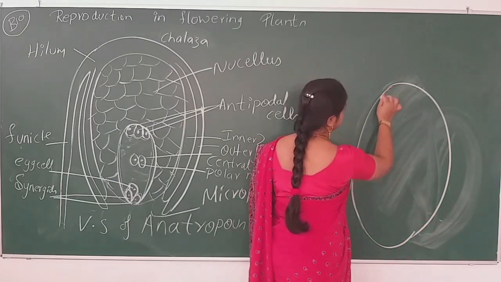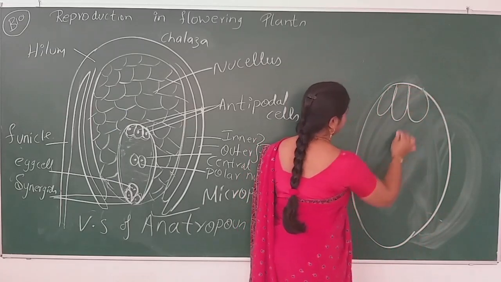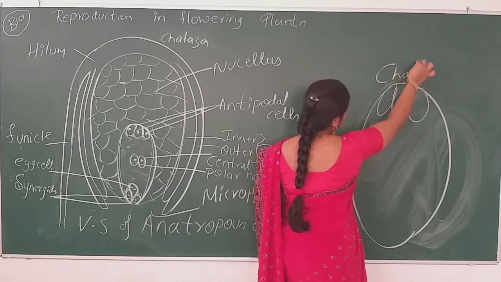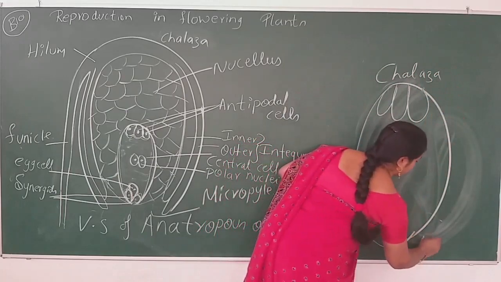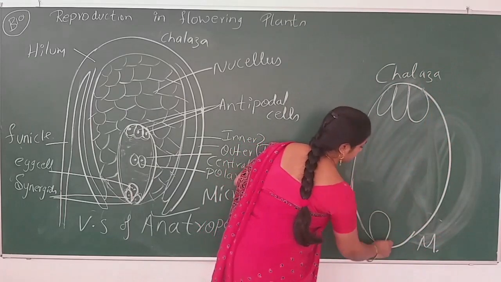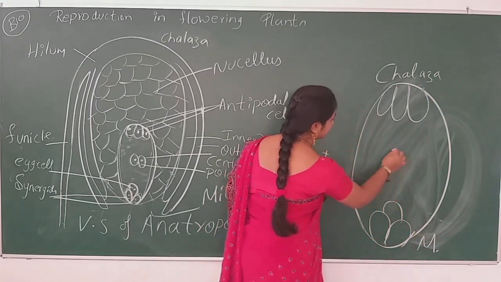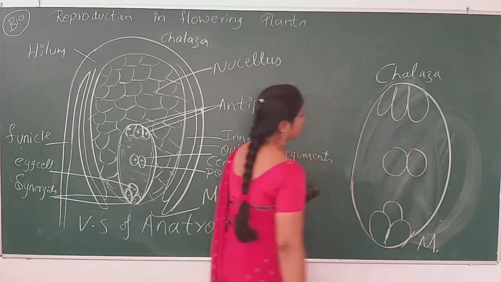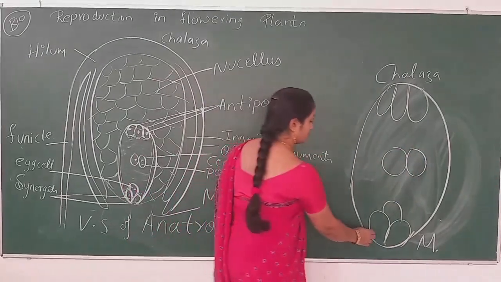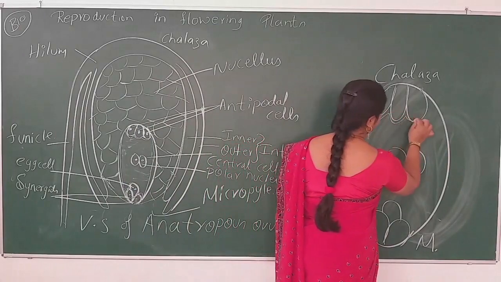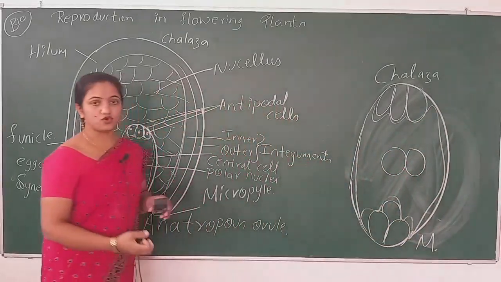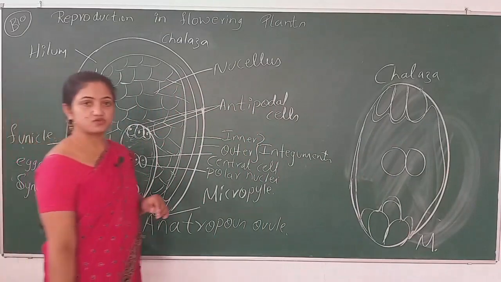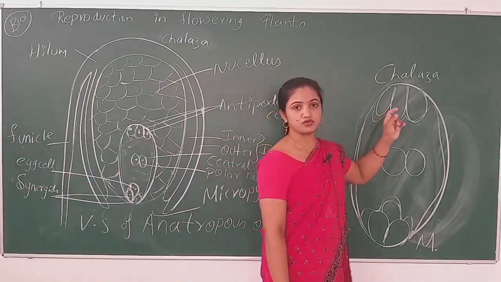So think this is the embryo sac: antipodal cells, chalaza and micropylar end, synergids, egg cell, nuclei, polar nuclei. So this you have to draw when they ask you to write the mature embryo sac.